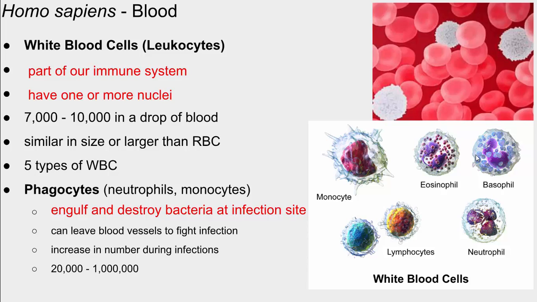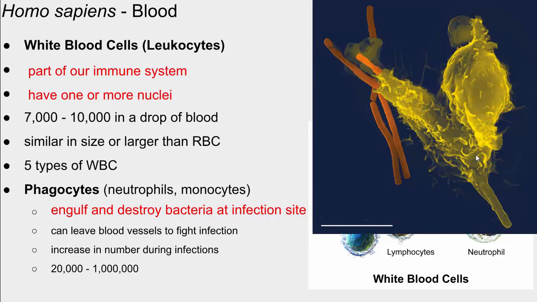There are 5 types of white blood cells: monocytes, eosinophils, basophils, lymphocytes, and neutrophils, and they each have a role. They all work together to do different things: to provide long-term immunity, to mark pathogenic cells for destruction, to engulf and destroy pathogens. So they have a whole variety of jobs to do. Kind of interesting how they work.